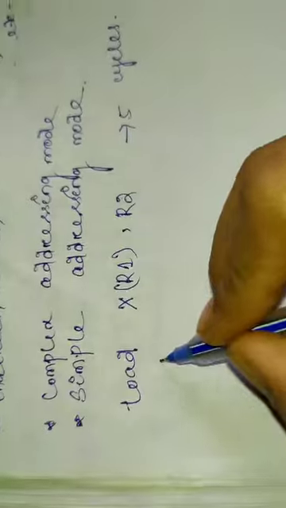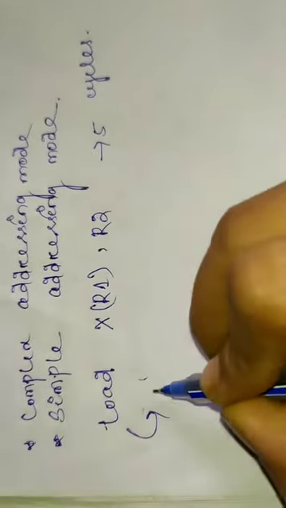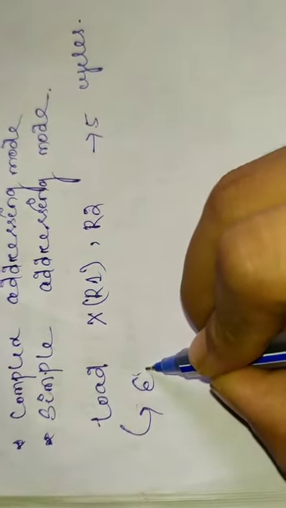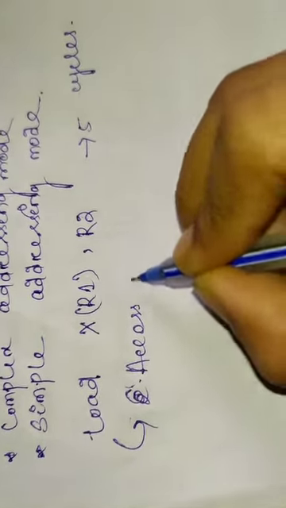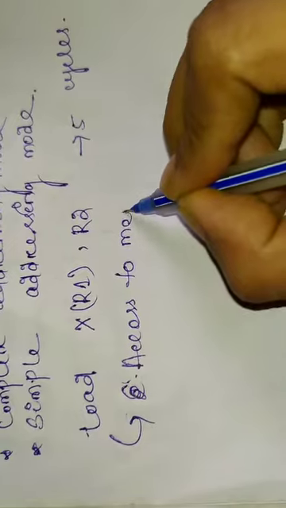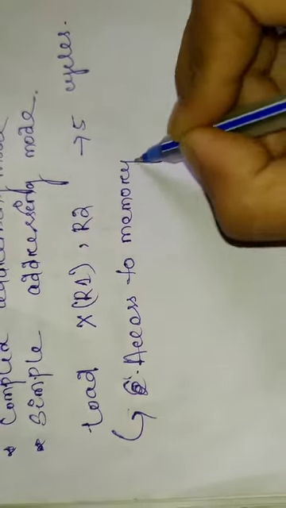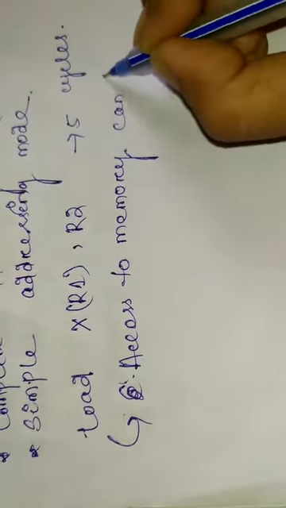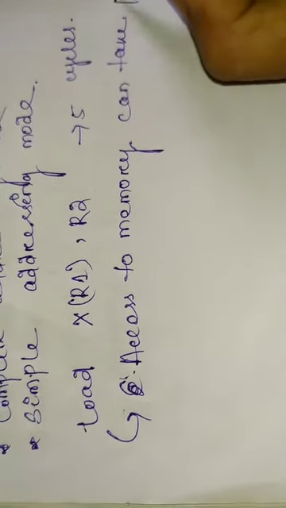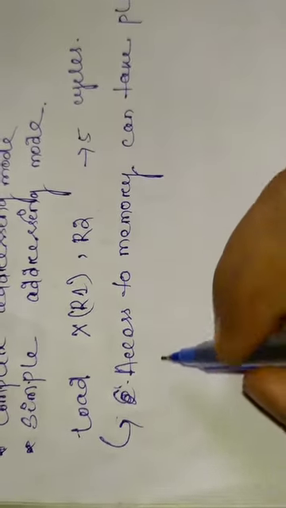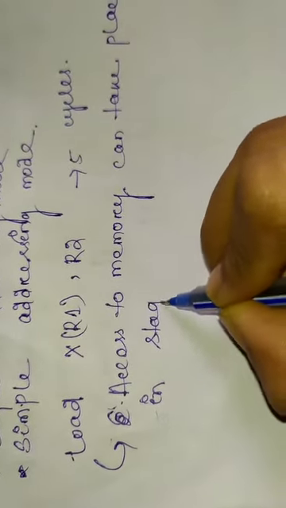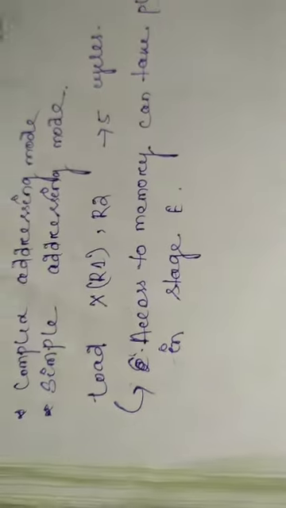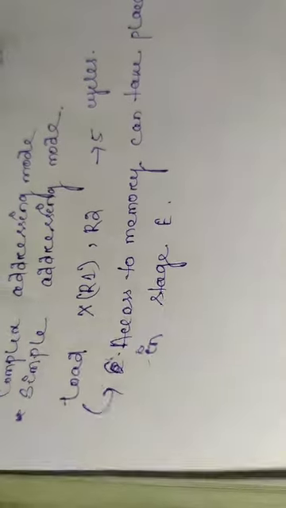So let me write it here: access to memory can take place in stage E, that means in the execution stage.